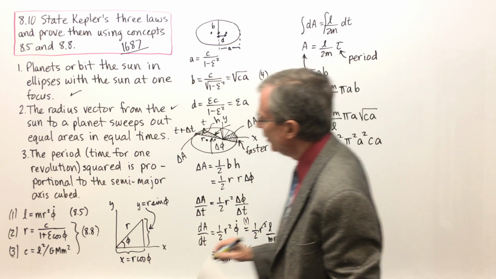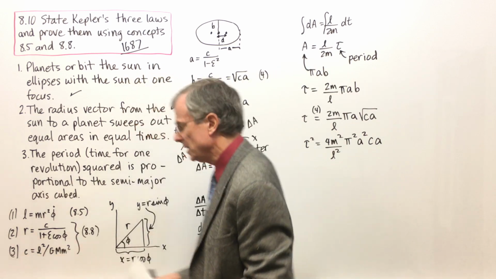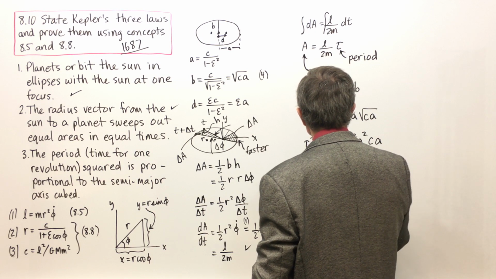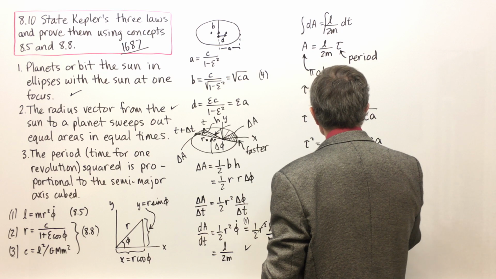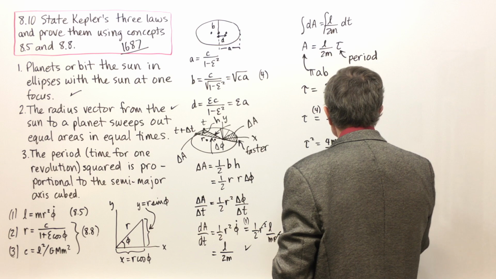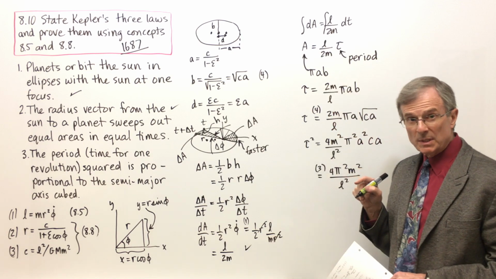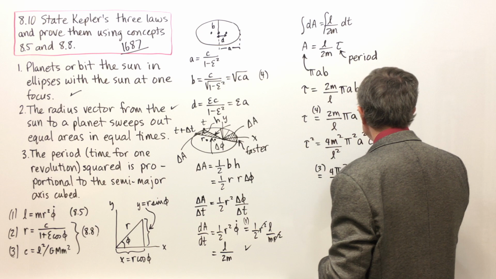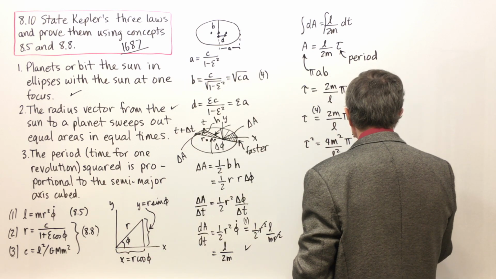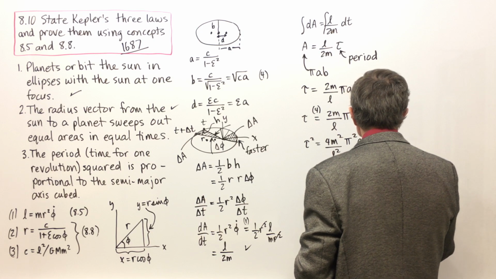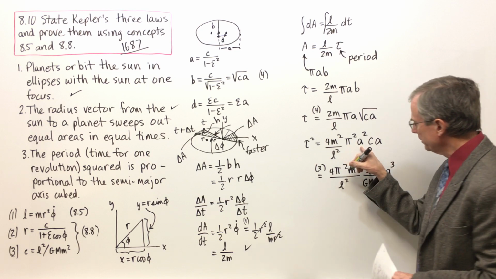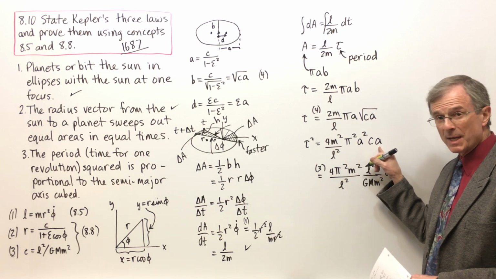And then I'm going to invoke equation 3 to get rid of the C. For pi squared m squared over L squared times C, and C is L squared over GMM squared times A cubed. We've got an A cubed here because we've got A squared there times A makes A cubed.